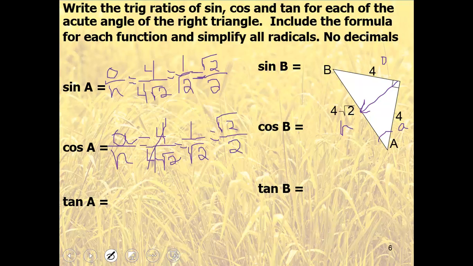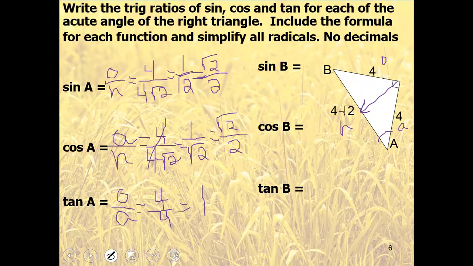Anytime you have 1 over a square root, it ends up with the square root of that number divided by whatever's underneath that radical. Always happens. And then the tangent of A is opposite over adjacent, which is 4 over 4, which is equal to 1.